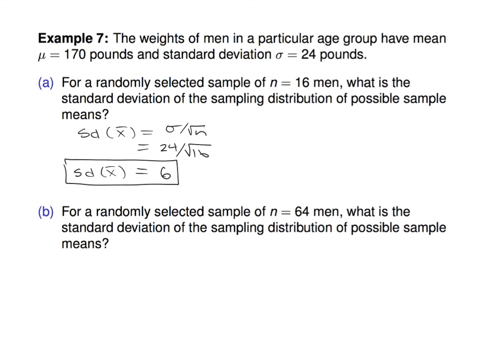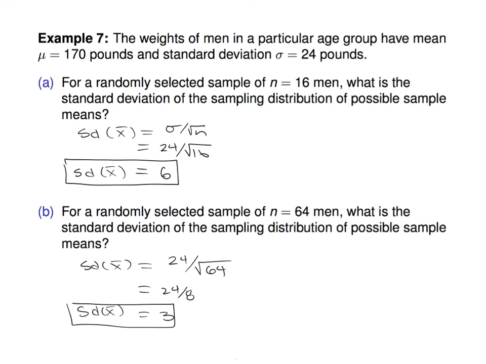Well, that root n will get bigger, which will cause this standard deviation to get smaller. So the standard deviation of x bar here is still sigma over root n, so that sigma is unchanged, it's 24, but we're now over root 64, which is 8. 24 divided by 8 comes out to be 3. Larger sample, less variability in the means.